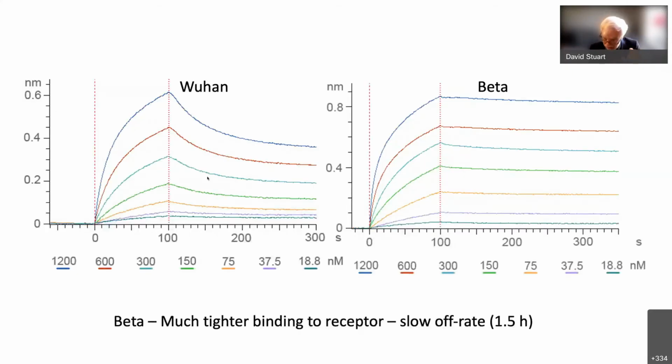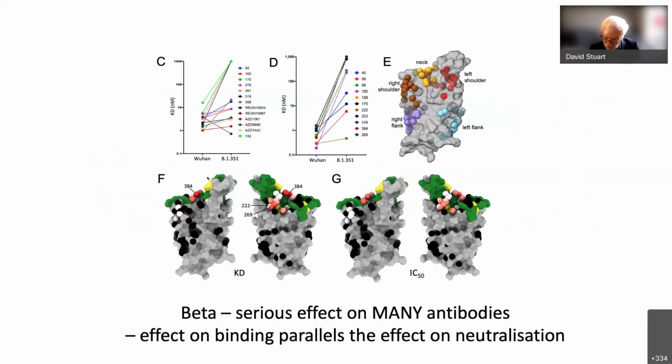But if you take the beta receptor binding domain overall, because of the 484 and the 501 change, it does seem that this binds more tightly to the ACE2. The off rate here is about an hour and a half. So it does seem that the ACE2 interaction is one of the sort of drivers here.